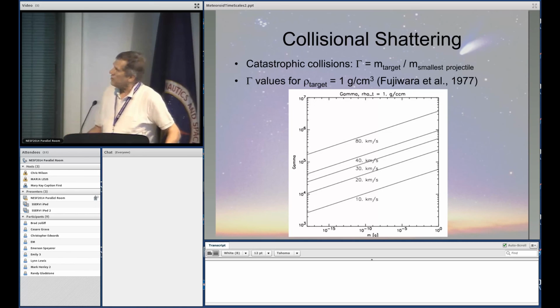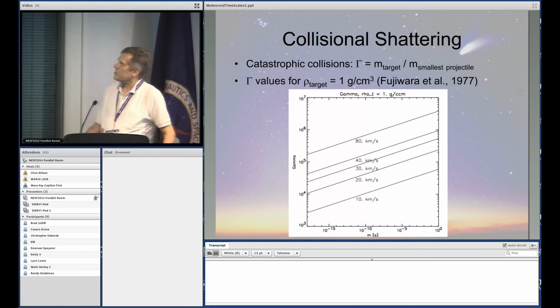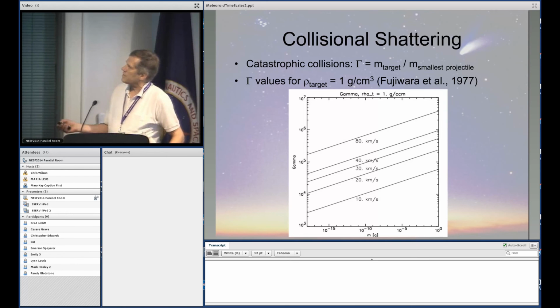So the third aspect I want to look at is the collisional shattering. The parameter which describes collisional shattering is this gamma factor, which is a ratio of any given target mass, our meteoroid, over the mass of the smallest particle which can catastrophically disrupt it.